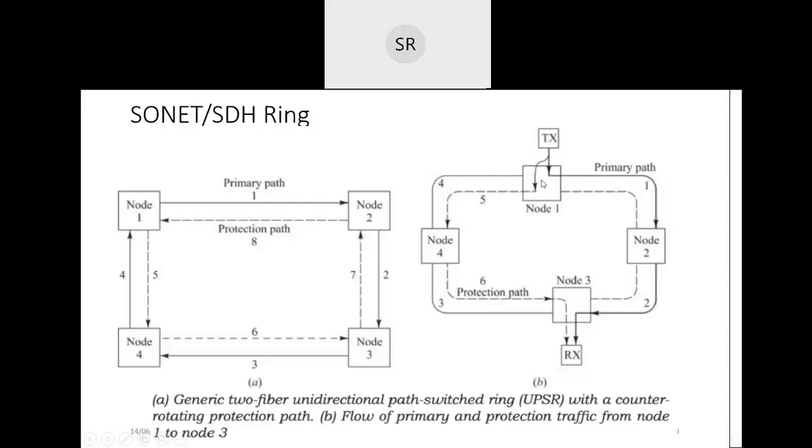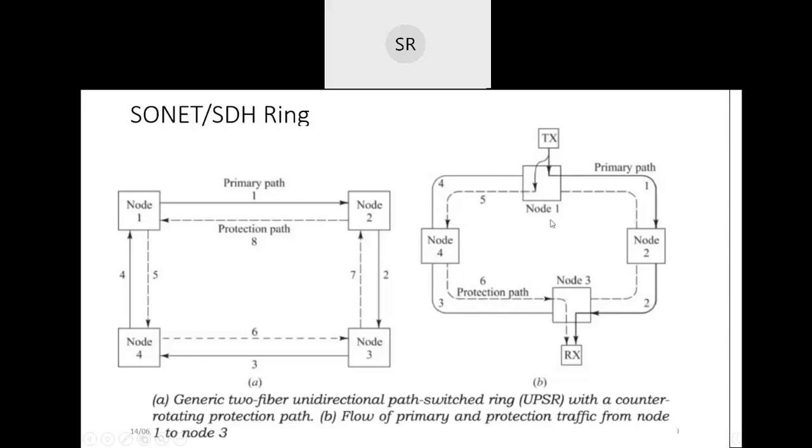So now here it is about the traffic flow from node 1 to node 2, node 2 to node 3. Now it is receiving, and then it is transmitting likewise. So this is about the path here. Suppose this is the primary path we are saying. If this path fails, then in that case a protection path is used here.